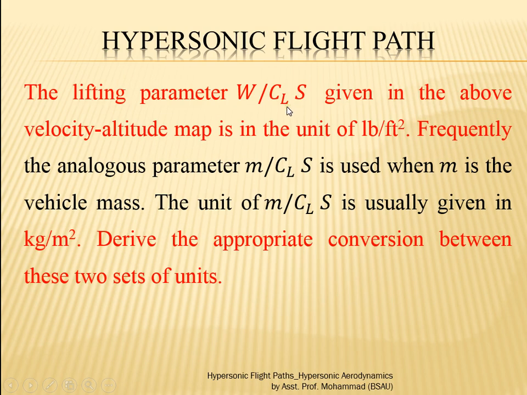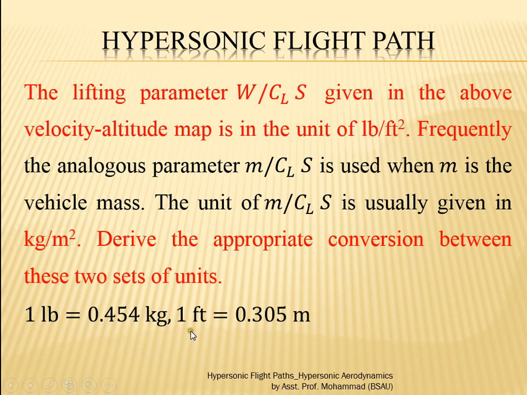Both have the same units. To convert this into SI units, we need these conversion factors: 1 pound is equal to 0.454 kg and 1 foot is equal to 0.305 meter.